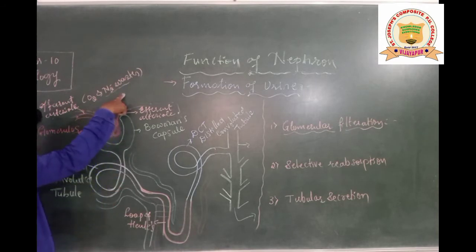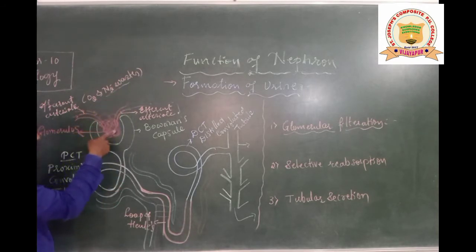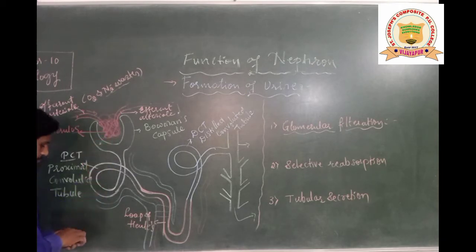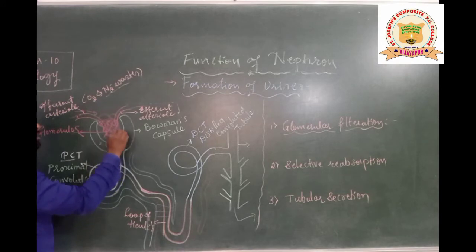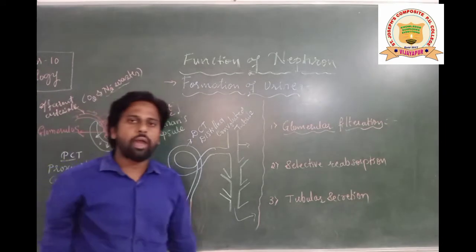Filtering the nitrogenous waste. So when blood enters the glomerulus with high pressure, all the nitrogenous waste gets filtered into the Bowman's capsule, students.